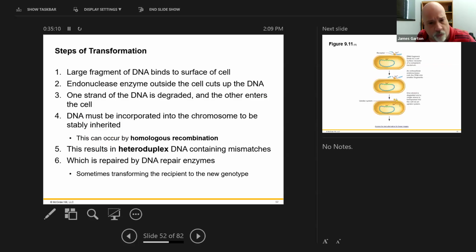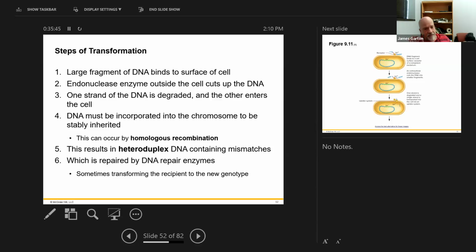And so, in transformation, a big piece of DNA binds to the surface of the cell. Enzymes cut the DNA up into little pieces. One strand of that double stranded molecule is broken apart. The other strand enters the cell.